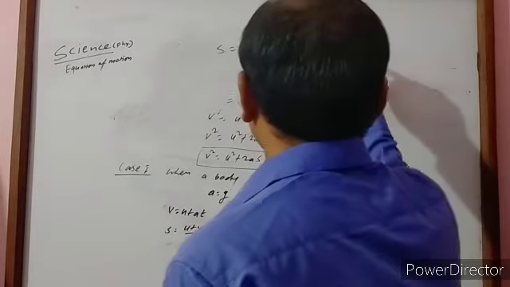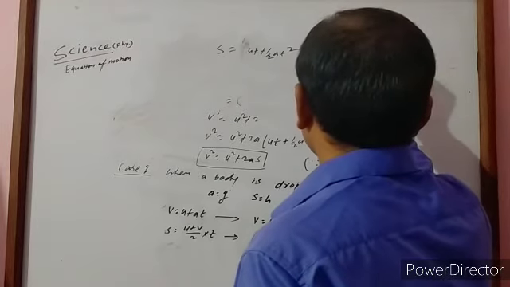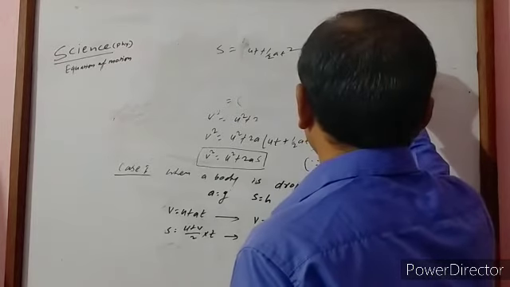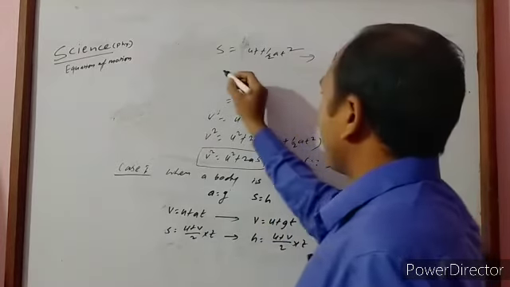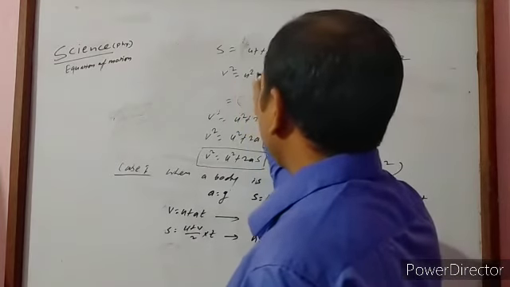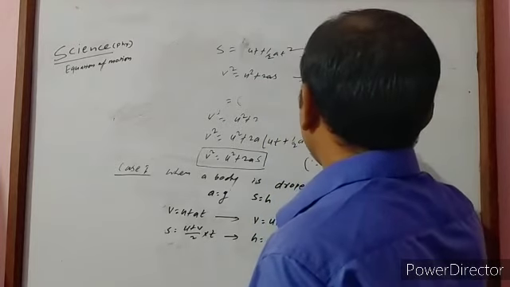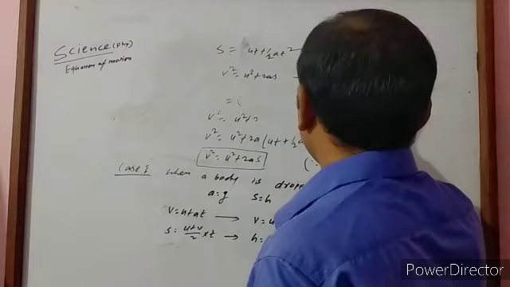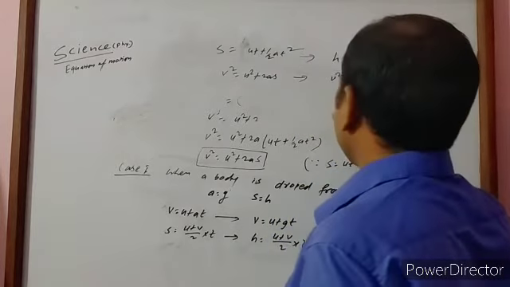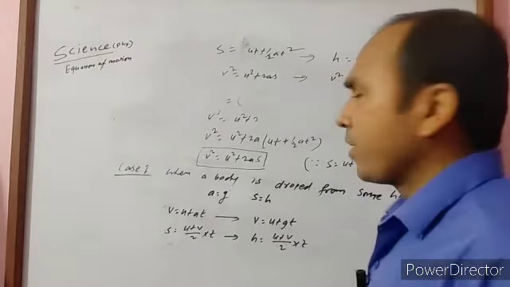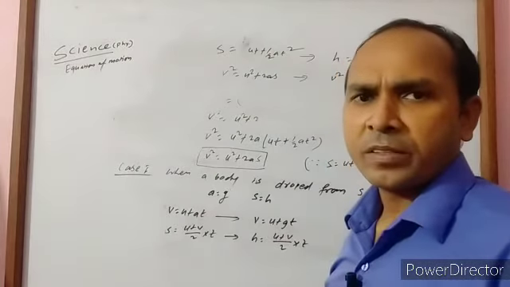Instead of this we can write s is equal to ut plus half gt square. Another, v square is equal to u square plus 2as. Instead of this we can write v square is equal to u square plus 2gh. These all are the formulas which are applicable when the body falls on the surface of earth.